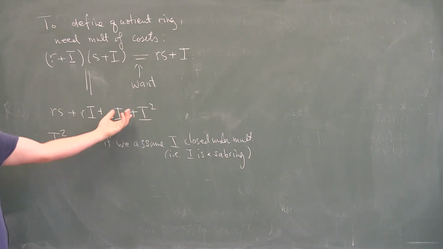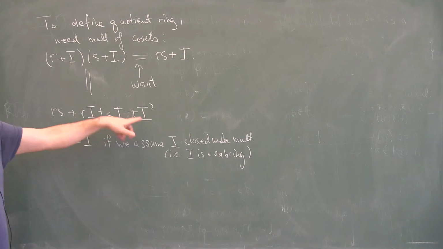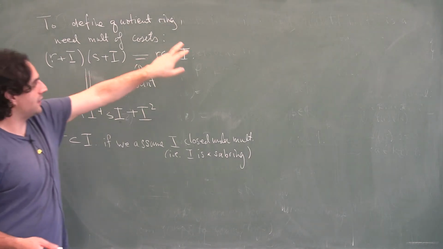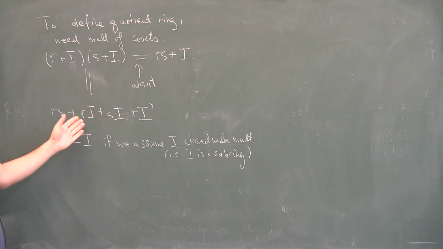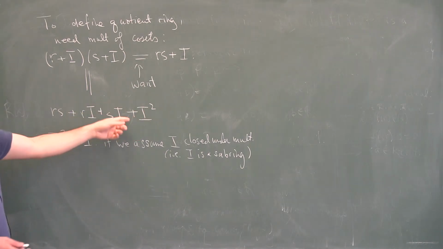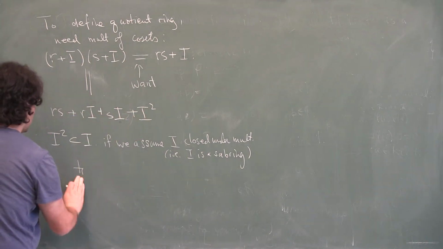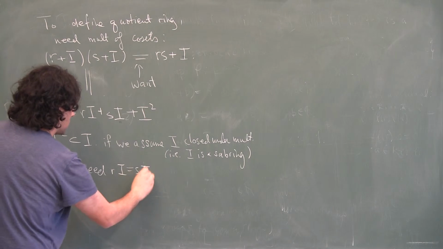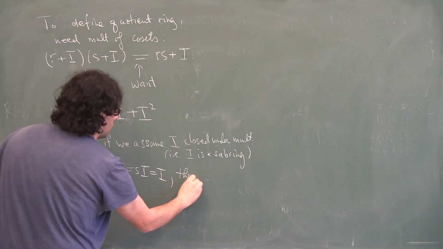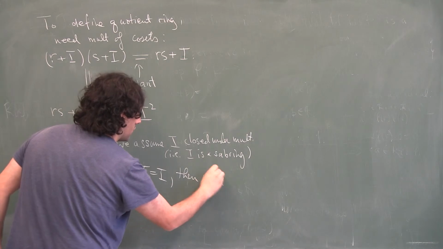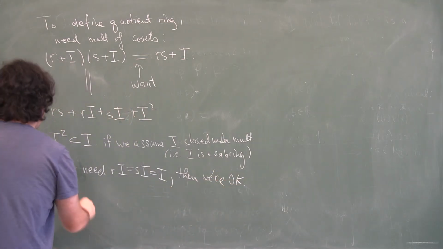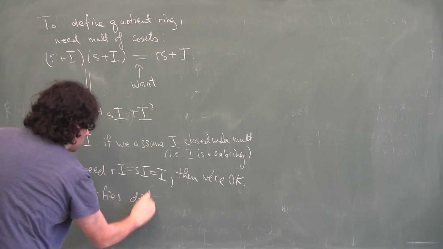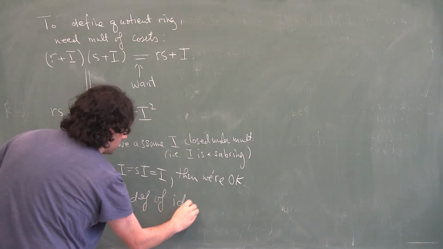Because adding this doesn't change anything, since it is contained in I, but we have rI and sI. We want to get plus I. Here, if we just assume I is closed under multiplication, we are potentially getting something bigger. So we need rI and sI to be contained in I. Then we're okay. So this justifies the definition of an ideal.